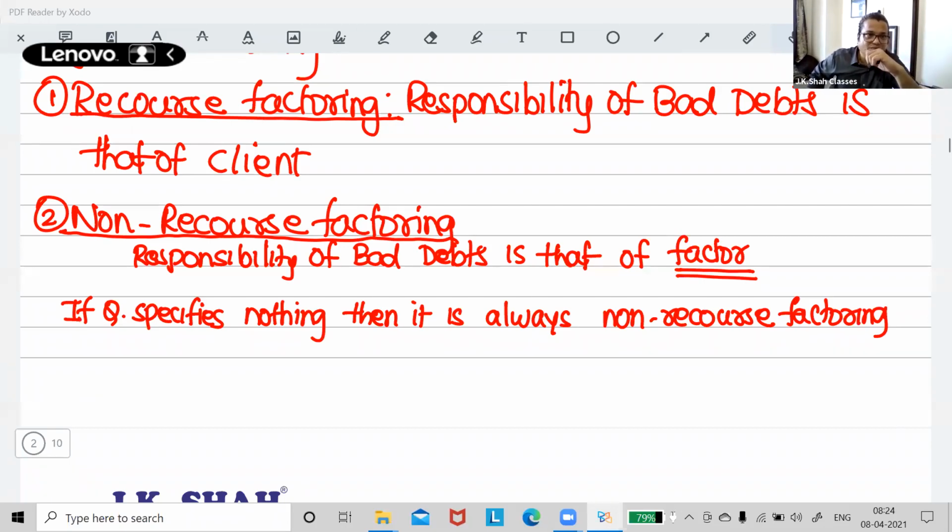I hand over 30 crores to you. You go to all my debtors, everybody says we are not paying, and you come and tell me, sir, nobody's paying. I say okay, keep the 30 crore, I will suffer all the losses? Nonsense. We pay you for that. So always, friends, it is a non-recourse factor if the question doesn't specify.